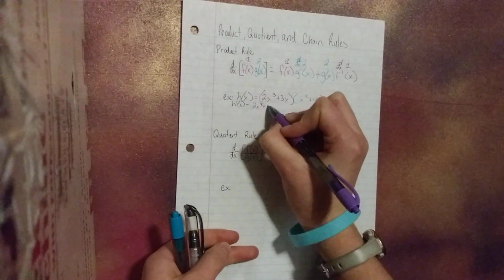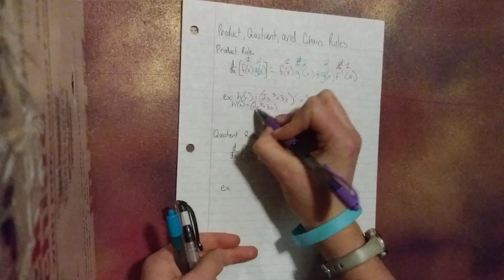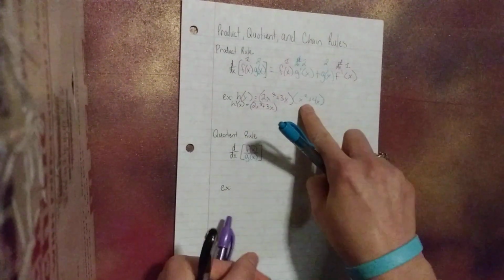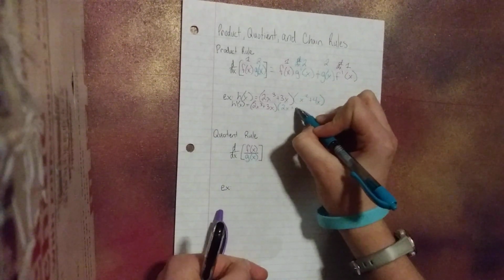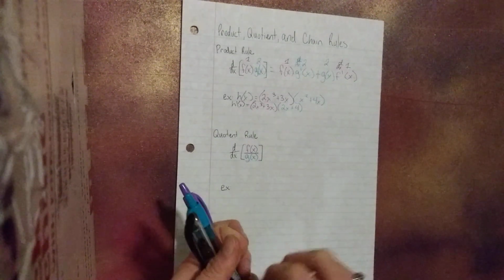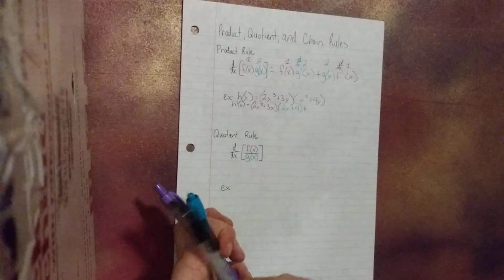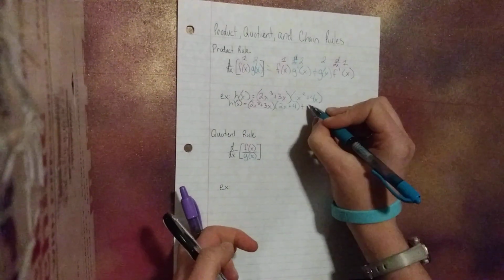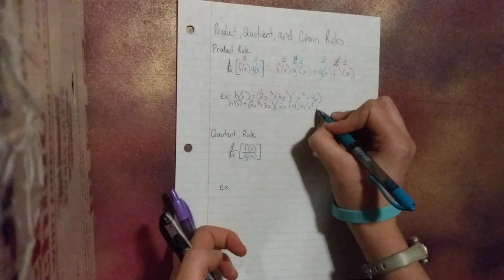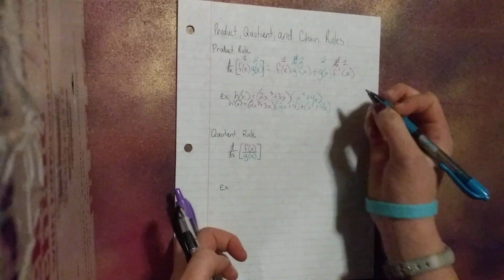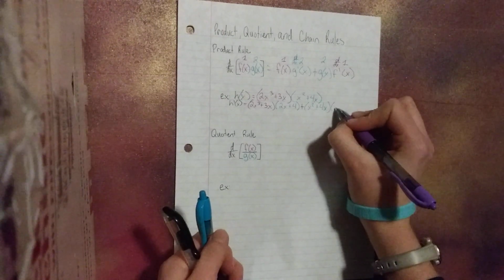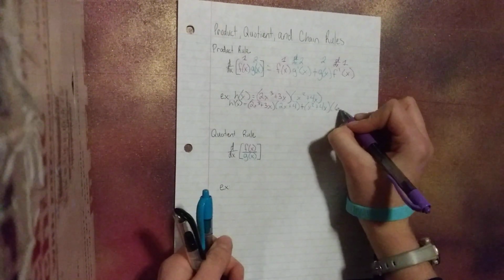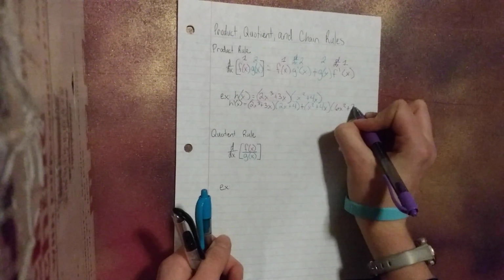2x cubed plus 3x, times the derivative of the second one, which would be 2x plus 4, plus the second one, x squared plus 4x, times the derivative of the first one, 6x squared plus 3.